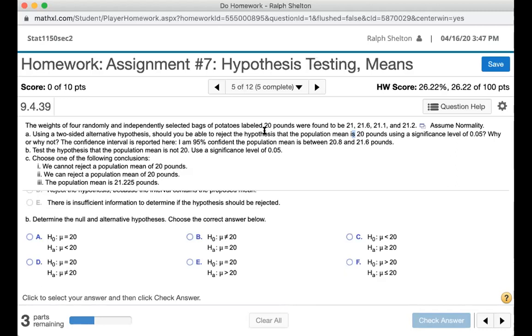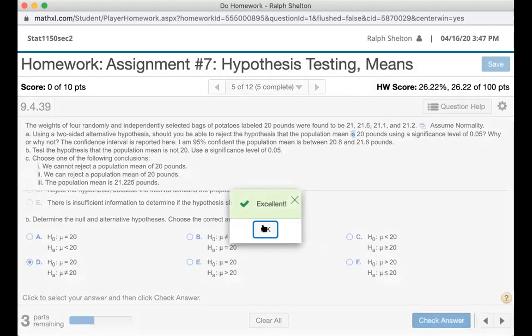Our alternative hypothesis is that mu is not equal to 20. The null is 20, the alternative says mu is not equal to 20. Two-sided test. Check answer. That's right.